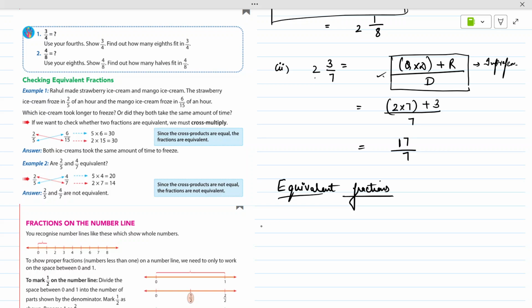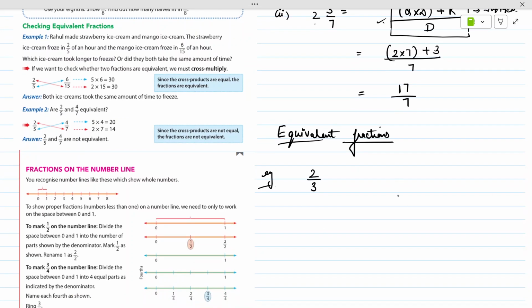Equivalent fractions are the fractions whose numbers may be different but their values are same. What does that mean? Example, I am taking a fraction 2 by 3. This is a fraction and what I need is the equivalent fraction of this. Equivalent fraction of this is 4 by 6. Equivalent fraction of this again is 6 by 9 and so on we can get.